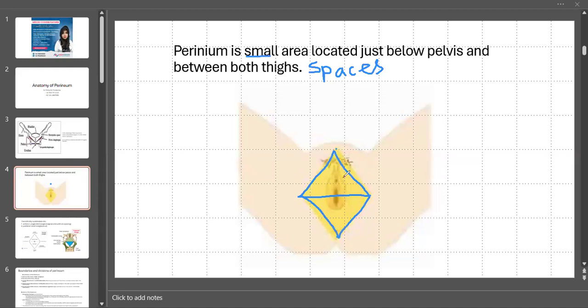Then, using your anatomy knowledge, you will call this the anterior triangle, and this one the posterior triangle. This is all your imagination. You are drawing these triangles for your own ease, following small steps to understand a complicated little space in the human body.